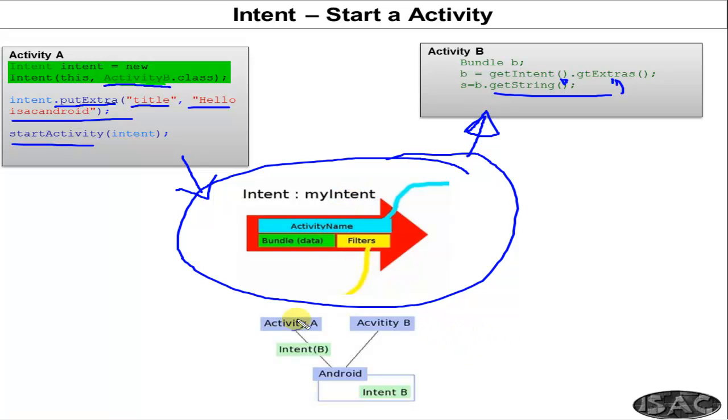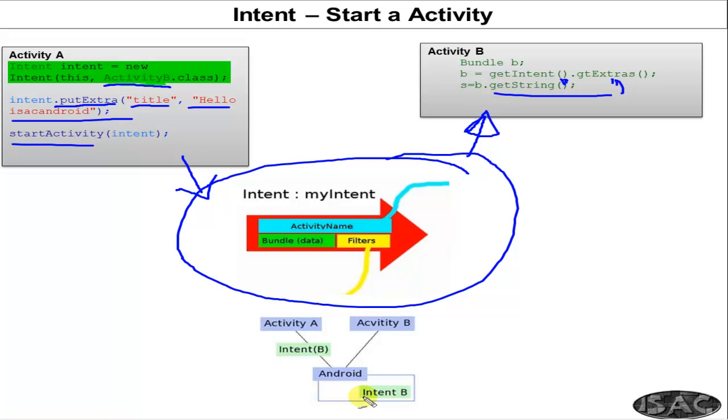Another way to understand the same thing: in activity A I will create an intent object called intent B, and I will fire it. When I fire it, the control goes to the Android framework system. The Android framework takes intent B and checks whether the name of any component is mentioned inside it. If the name of the component is already mentioned, it will go to that component and pass the intent to it.